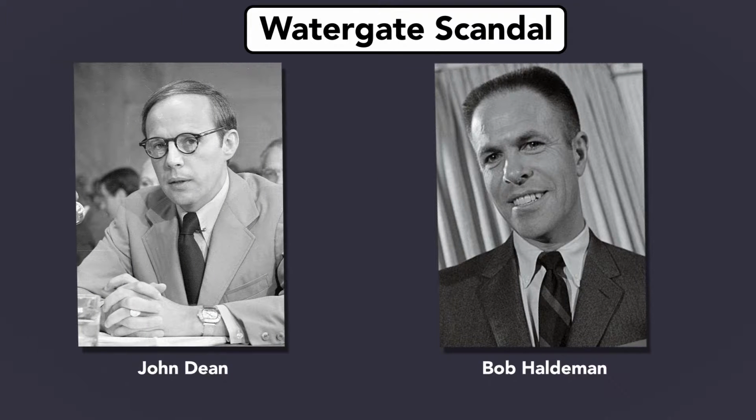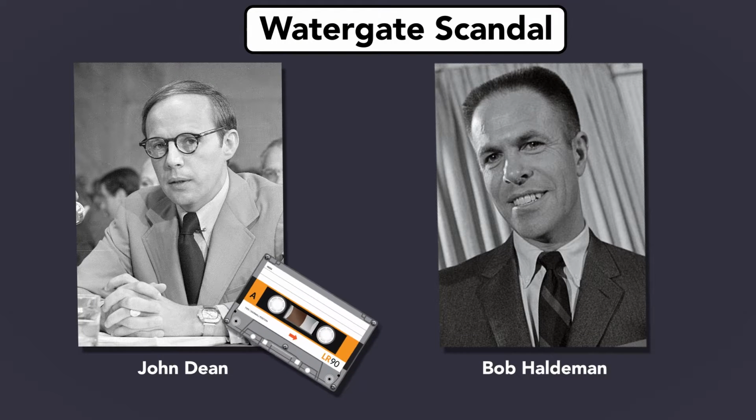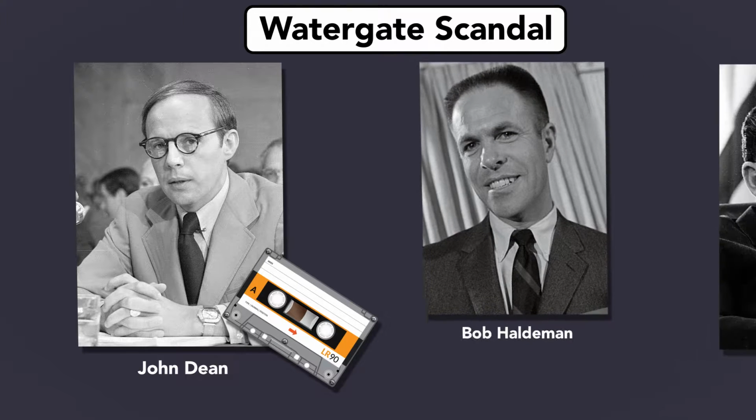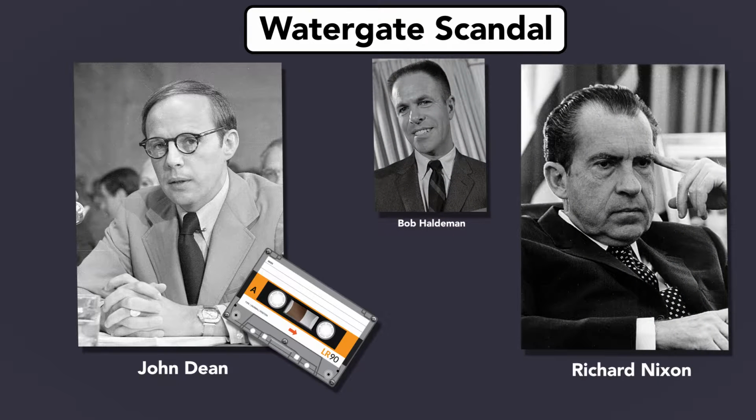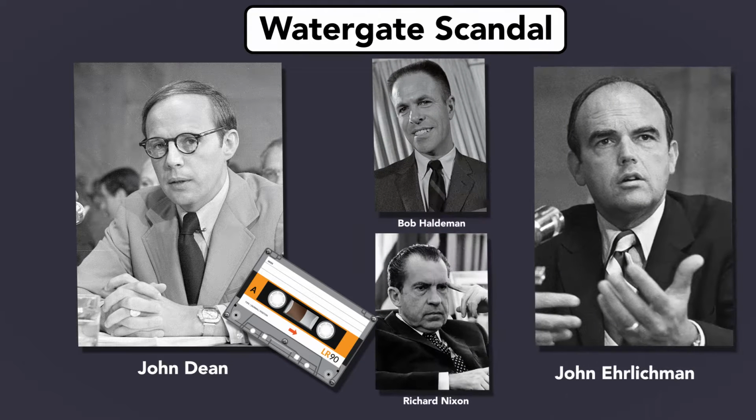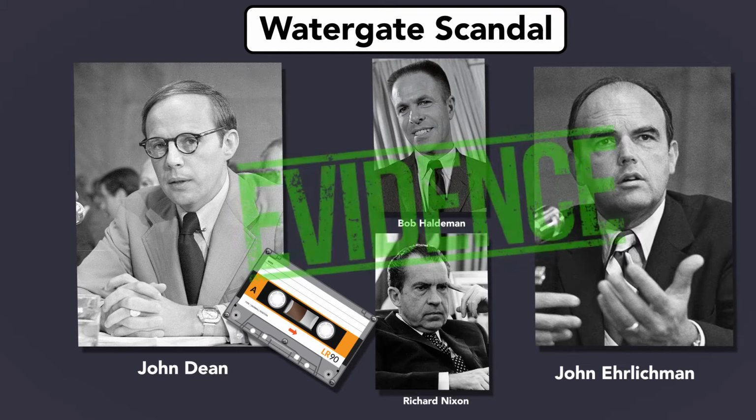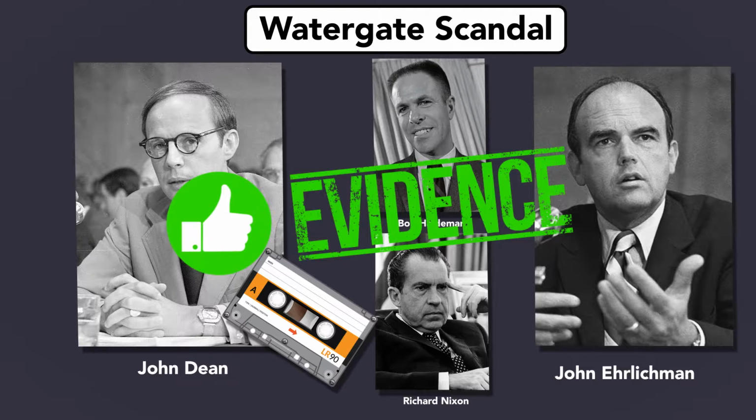The testimony of White House counsel John Dean that Haldeman knew of it in 1972, along with a taped discussion from 1972 between the President, Haldeman, and White House Domestic Affairs Advisor John Ehrlichman discussing the raising of money to pay off the break-in defendants, was sufficient to prove perjury.